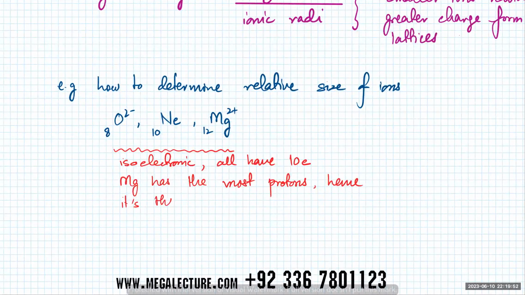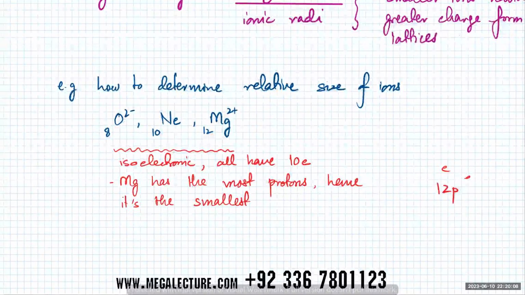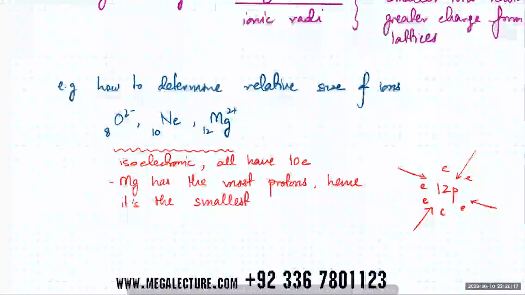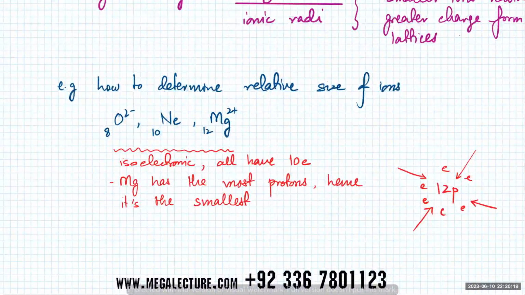Is that clear? Why does that make it the smallest? Because it's got 12 protons. 12 protons will attract the 10 electrons around it strongly. They all have 10 electrons, but Mg has the most attractive power out of all of those. And oxygen is the least.